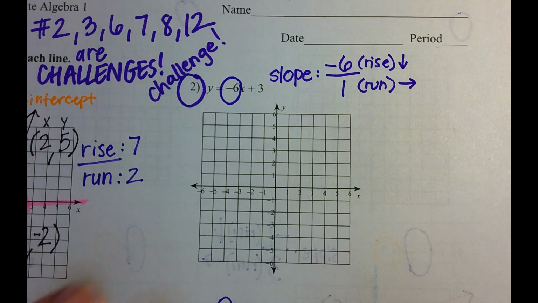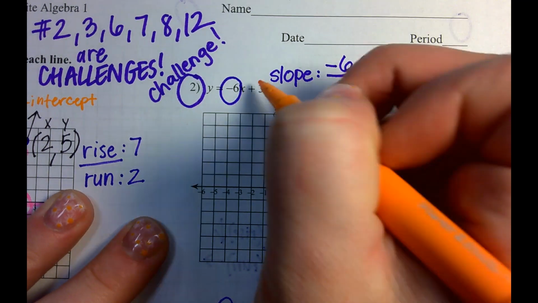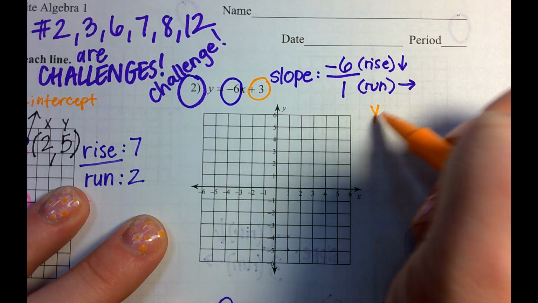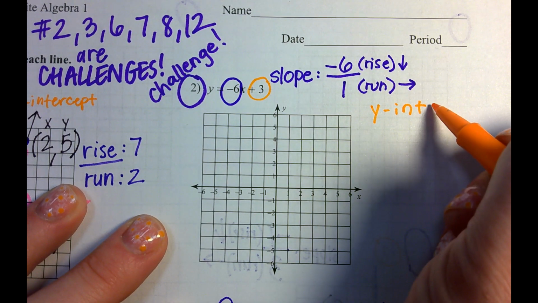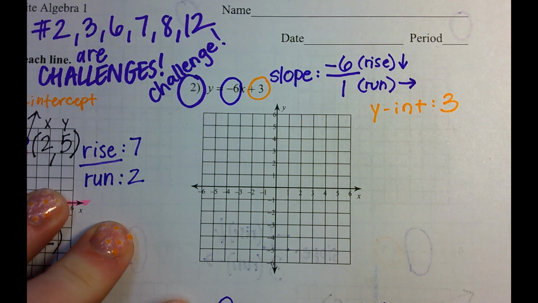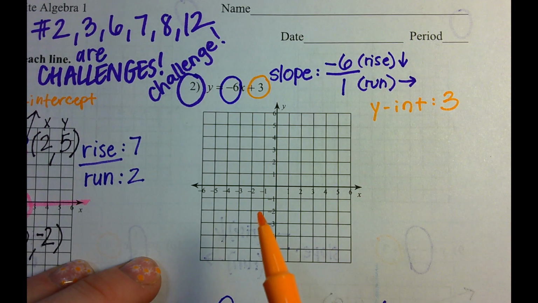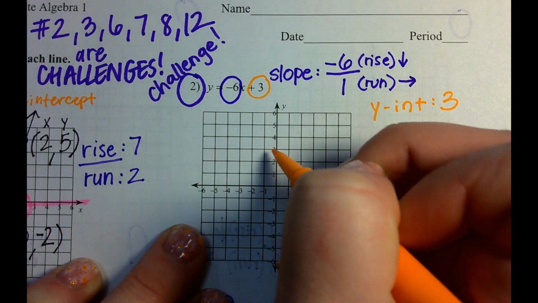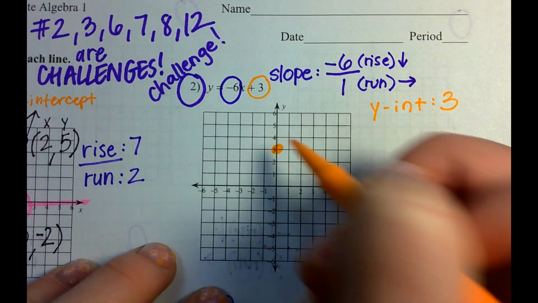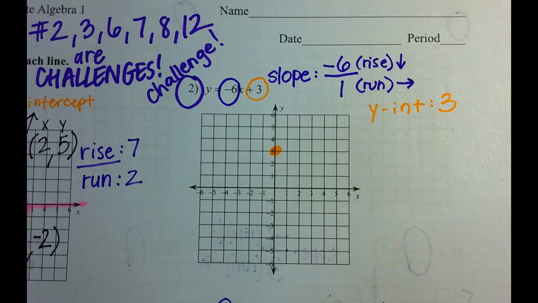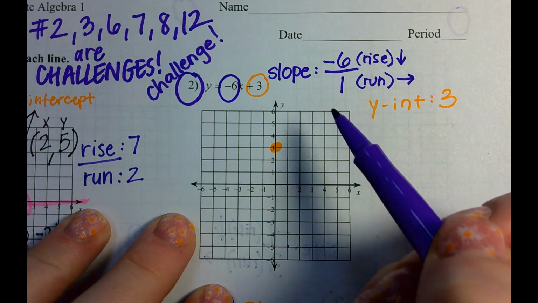And what is my y-intercept? 3. Perfect. My y-intercept is 3. So where do I go first? Positive 3 on the y-axis. Very good. So there's my first point. I did my y-intercept, and now let's use our slope. Where do I go from there? Down 6. Good.